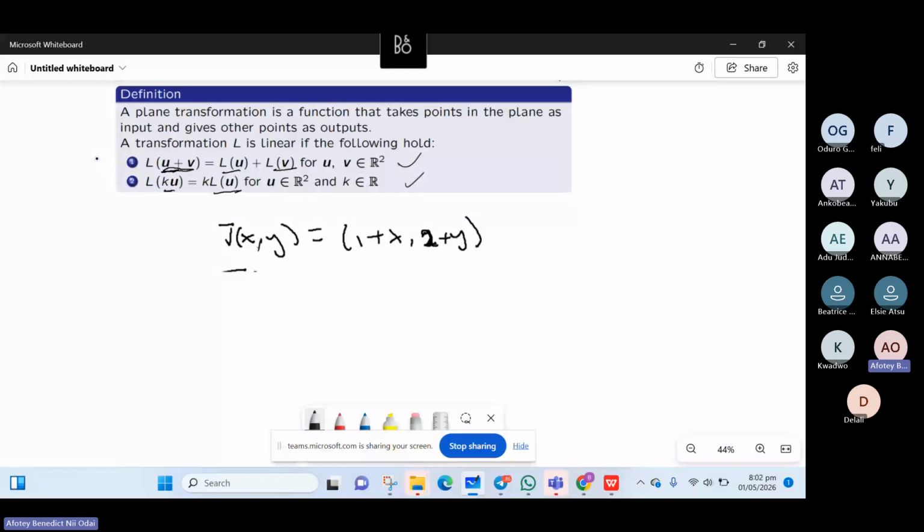So L(U + V) is equal to L(U) + L(V). Now we have L(U1 + V1, U2 + V2), and this is equal to L(U1, U2) + L(V1, V2).